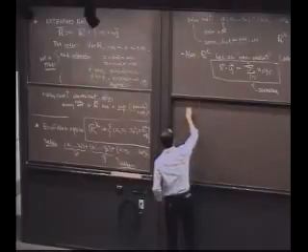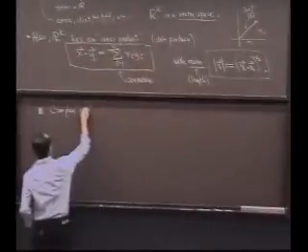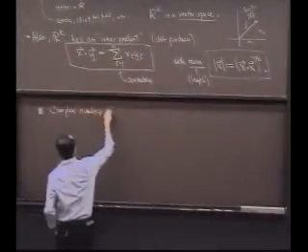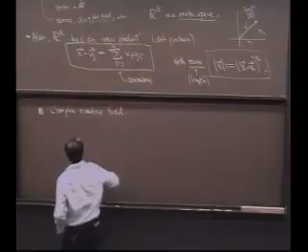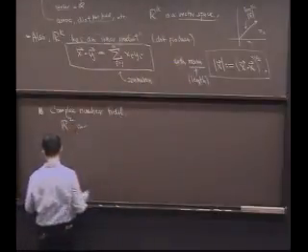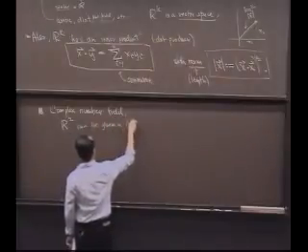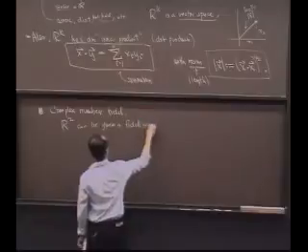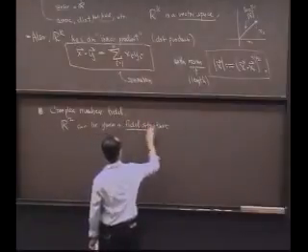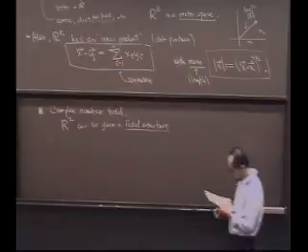So let me just mention that these are called the complex numbers. This is the complex number field. And the point is here that R2 can be given a field structure. It's just not the one you might first think of. And what do you mean by that?